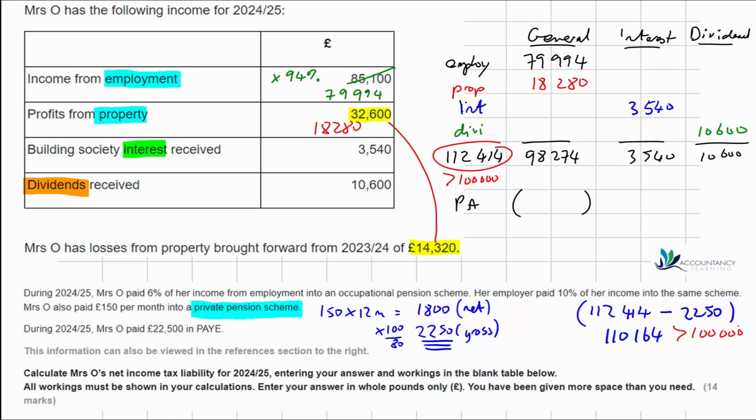Now, potentially, if we paid a lot more money into our pension, then we might go down below the 100,000, and in which case we'd still get the full personal allowance. But in this case, we have not paid enough pension, and therefore we still have some sort of impact on our allowance here. So we need to take away these two numbers, the 110,000 and the 100,000.